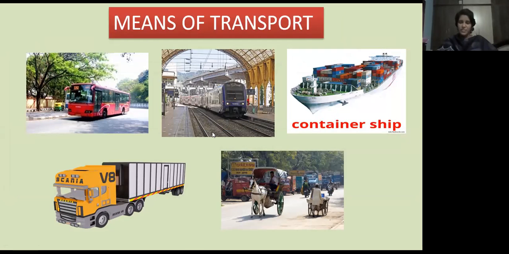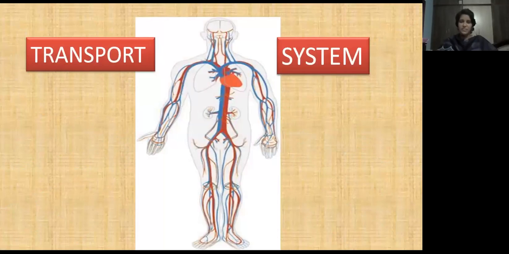Is there any such means of transport inside our body? Yes, of course. We have a special transport system. The very important organ of the transport system is the heart. The heart is the central organ of the circulatory system in our body, which helps in pumping blood to all parts and all tissues of the cells and getting it back.